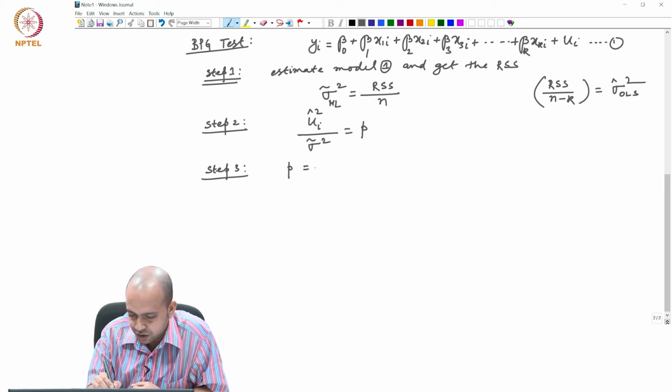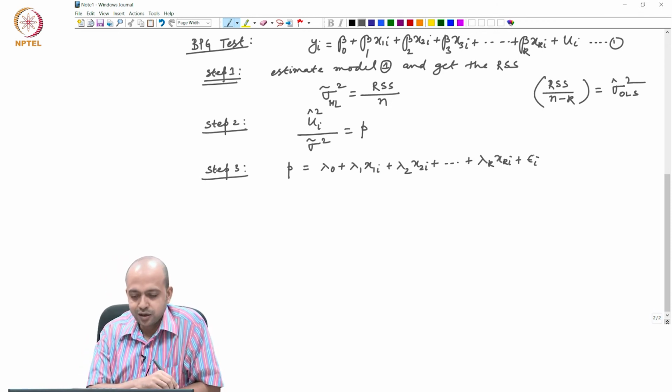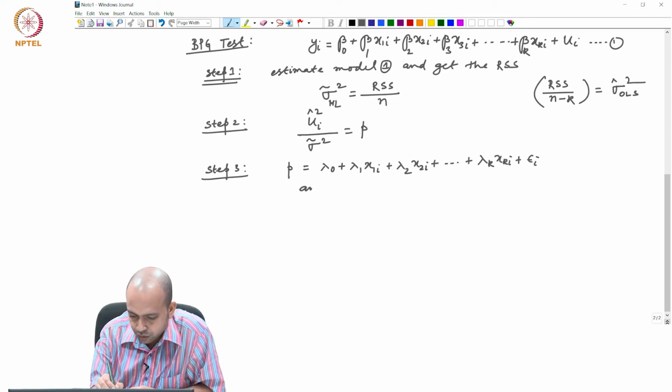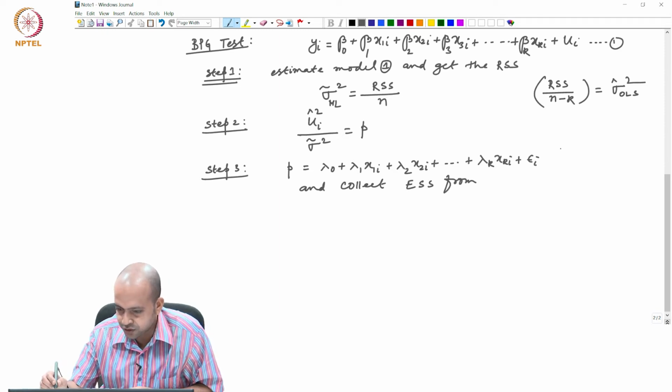That means you regress p equals lambda 0 plus lambda 1 x1 I plus lambda 2 x2 I plus, up to lambda k x k I plus epsilon I. So you have to run a regression of p on this, and collect the ESS from, let us say, this model 2.